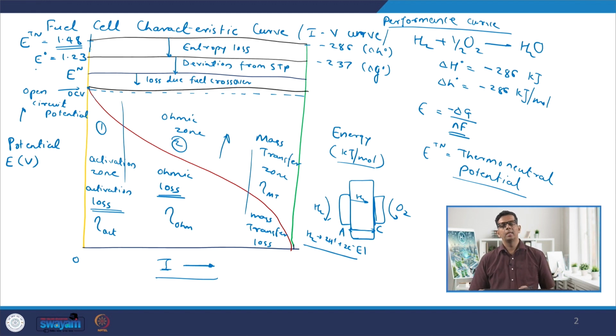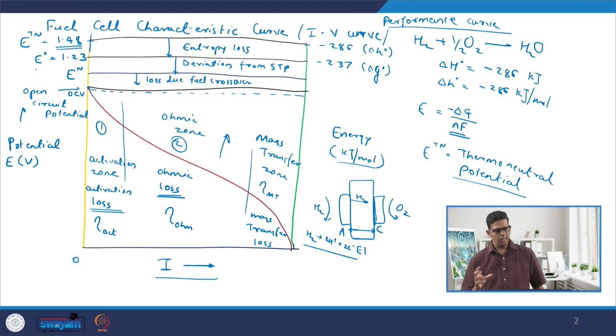However, in real practice, fuel cells or electrolyzers, or if we restrict our discussion to fuel cells for now, are operated at much different temperature and pressure ranges. Typically, a low temperature polymer electrolyte membrane based fuel cell is operated around 670 degrees and pressures are typically 5 to 10 bar.